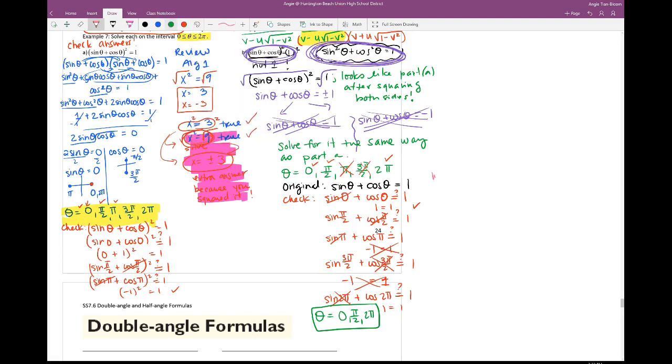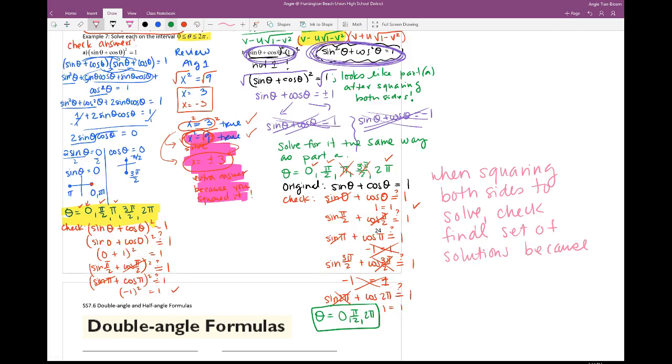So the rule of thumb is when you square both sides, you should always check your solutions. So when squaring both sides to solve, check the final set of solutions, because you have created extras.